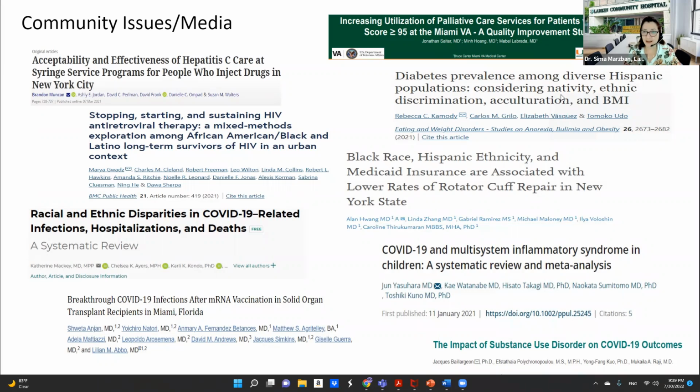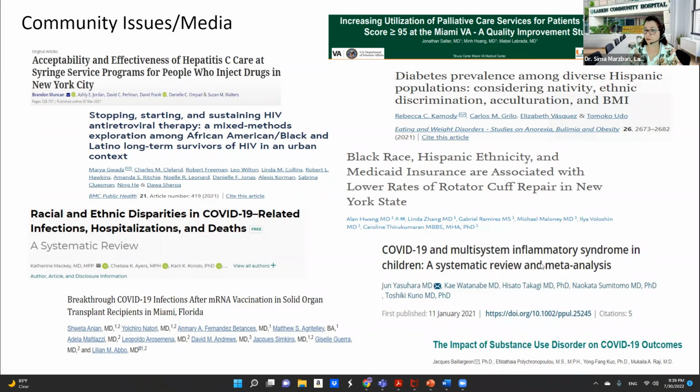Again, you see, that's a medical condition, an area of research, but it solves an issue within a specific population subgroup. Black race, Hispanic ethnicity, and Medicaid insurance are associated with lower rates of rotator cuff repair in New York State. Again, you will have a city, a problem, and a specific population. All of them are relevant to community issues.